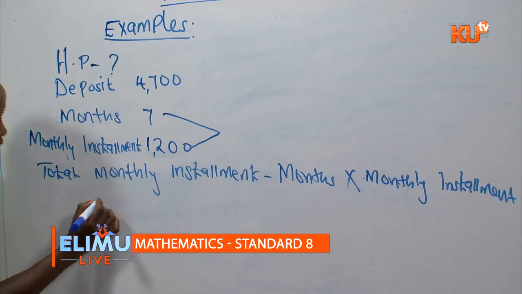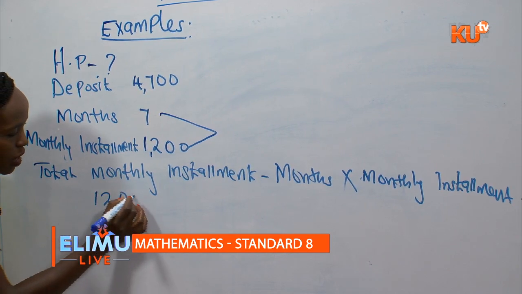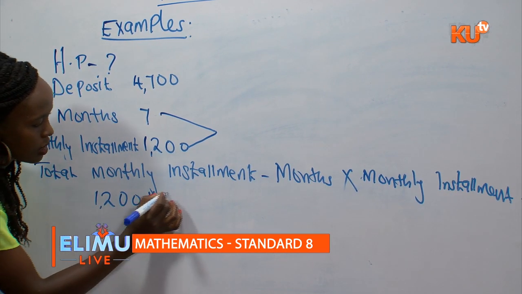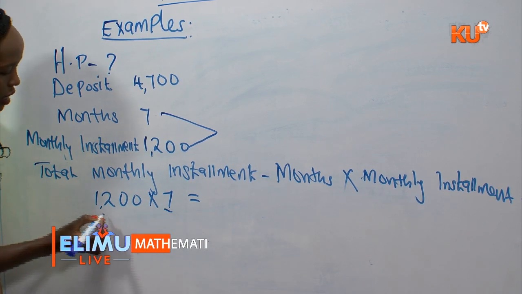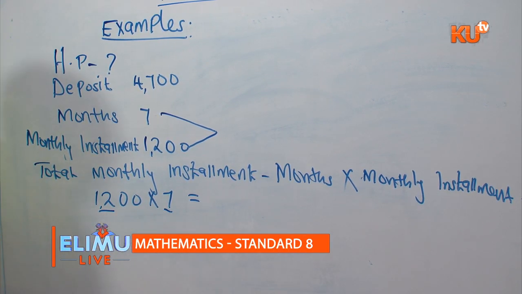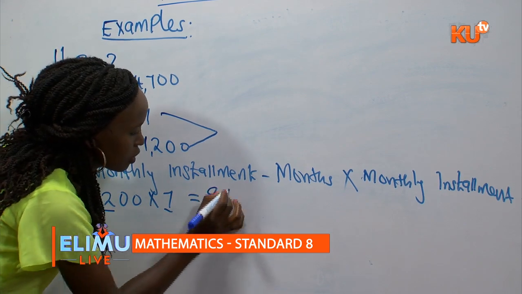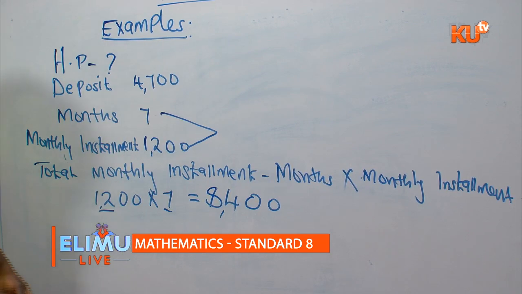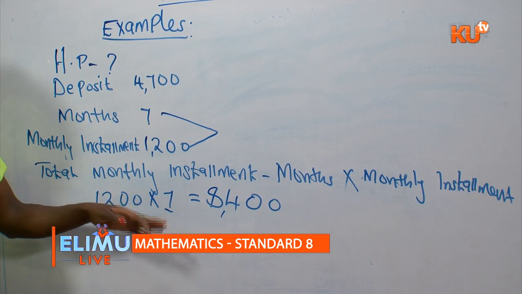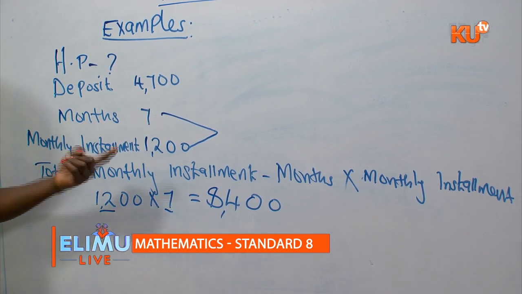So that is 1,200 times 7. So we are in class 8, we know how to calculate. This is 7 and this is 12. 7 times 12 is 84. And then we put the 2 zeros. We get 8,400. Now the 8,400 was the total monthly installment.